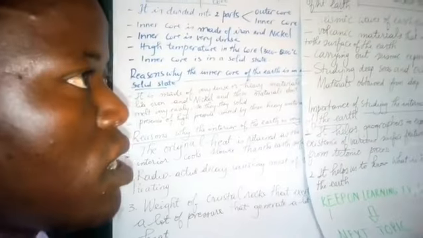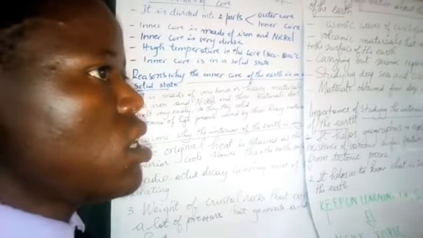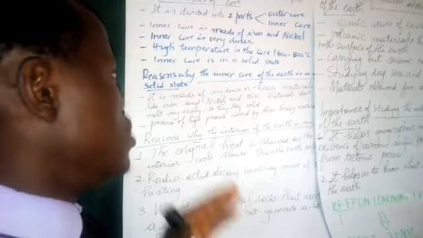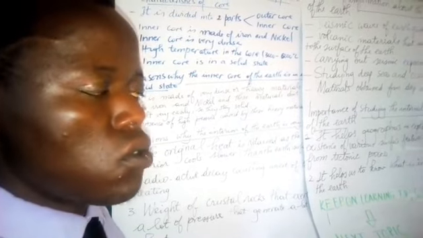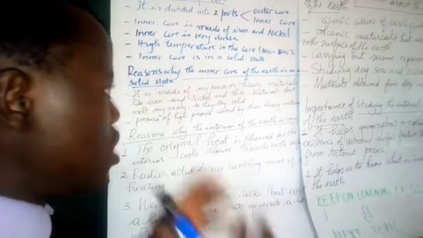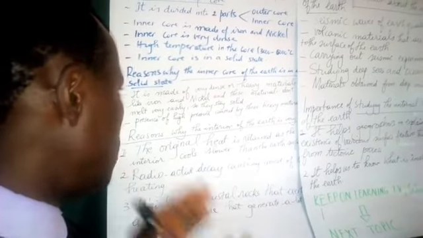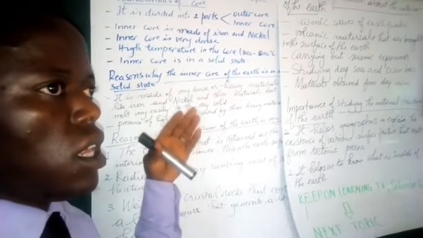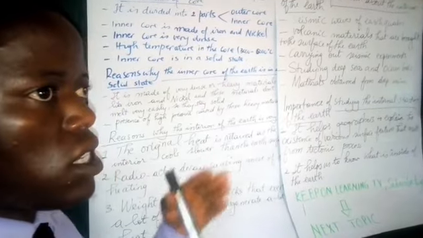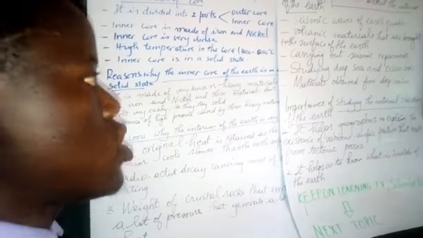This inner core is in a solid state because it is made of heavy materials including iron and nickel. Those iron and nickel don't melt easily. That's why the inner core is always in a solid state.